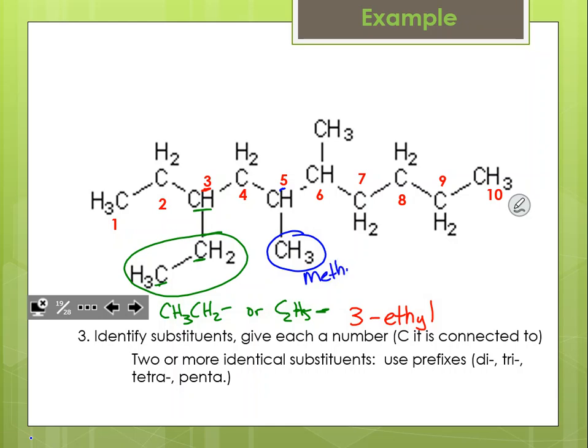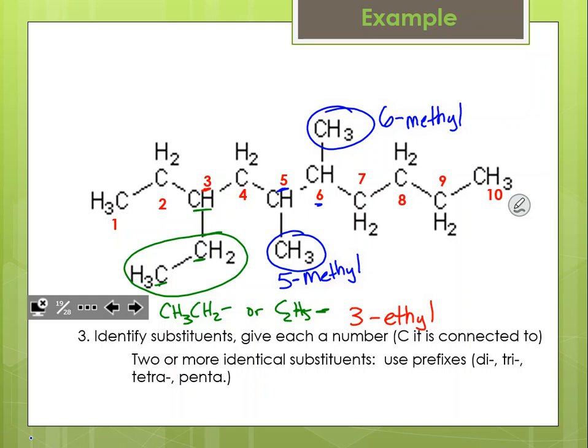So this is a methyl group. It's off of the 5, so we would put 5-methyl for that group. We do have one more branch. Where is it located? Which carbon off the main chain? It's off of the 6th carbon right here. This one is also one carbon off of the main chain. That's going to be a methyl group. So this would be 6-methyl.